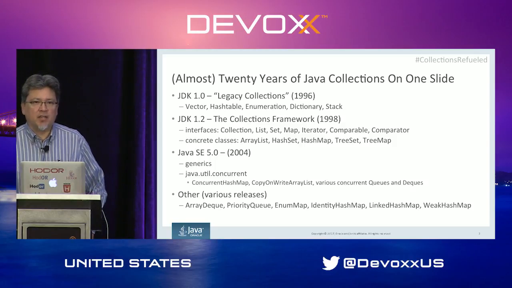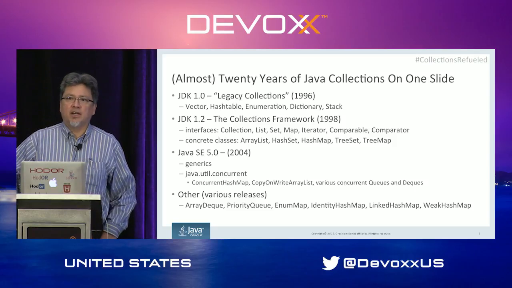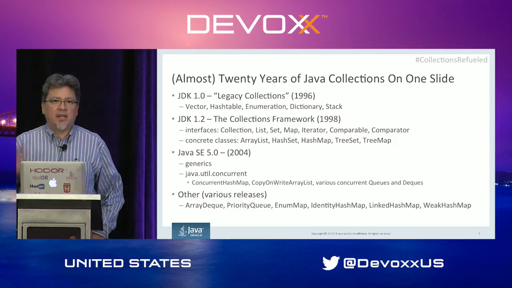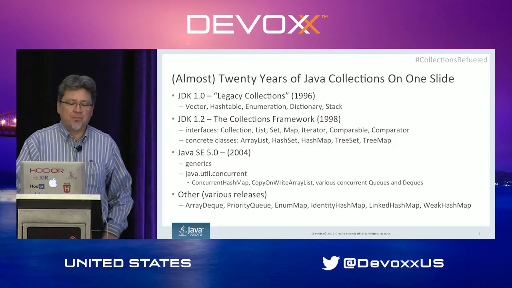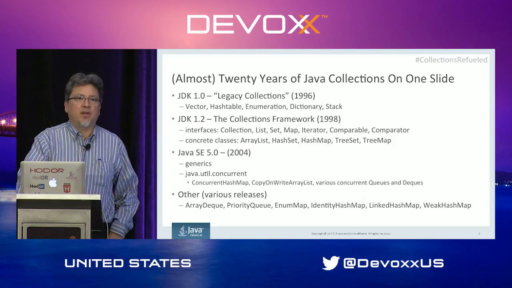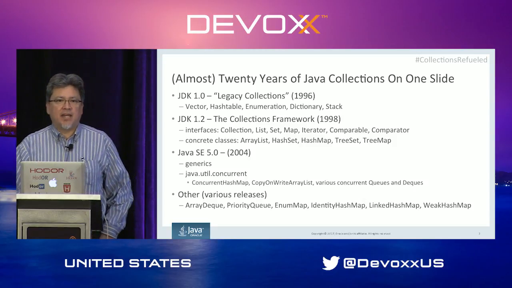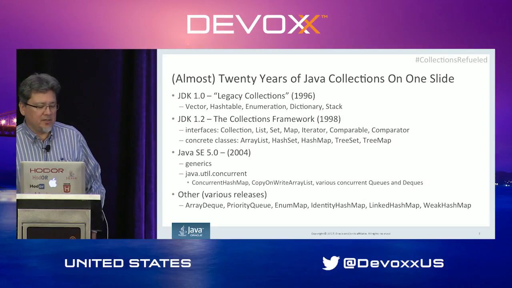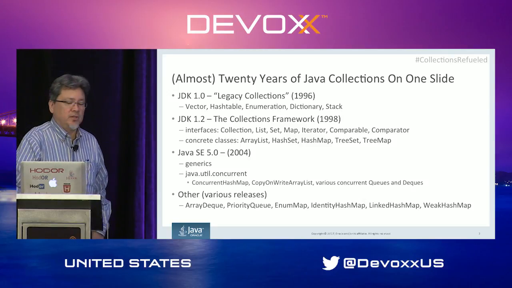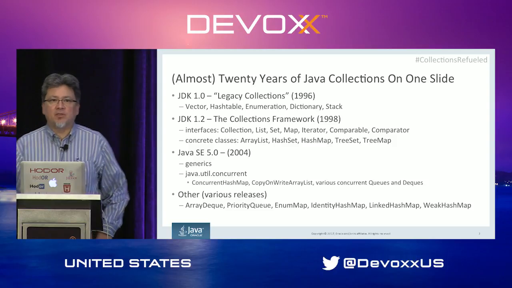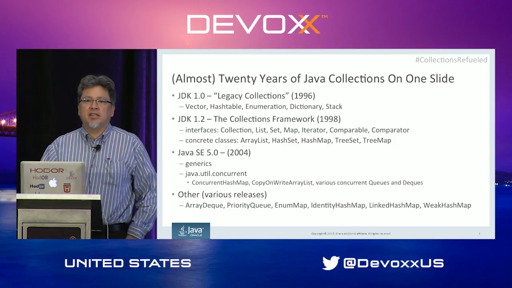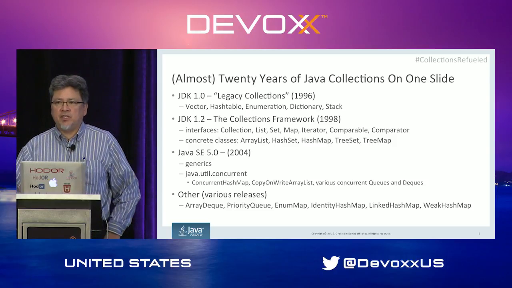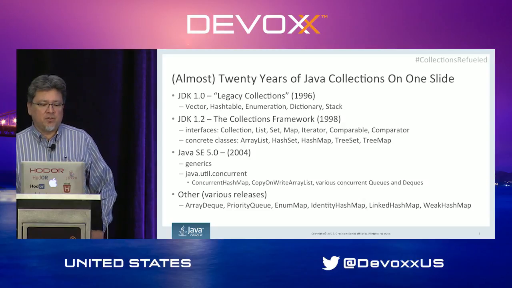I'm not going to be talking about those today, but that's a whole related framework that has some overlap with the collections framework. Along the way, various individual implementations were added in various releases, such as ArrayDeque, PriorityQueue, EnumMap, EnumSet, and so forth. Those are very specialized collections. They don't get much general use, but when you need them, they're there, and they are really useful.